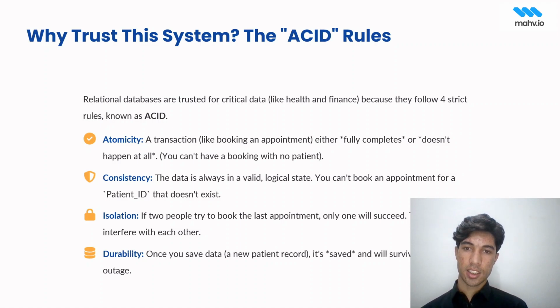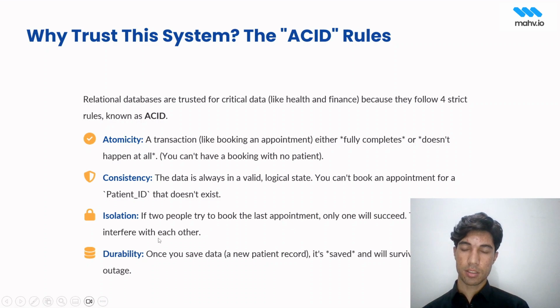Then there is data consistency. The data is always in a valid logical state. You can't book an appointment for a patient ID that does not exist. So data integrity is very important and prioritized a lot in database management. Then there is isolation. If two people try to book the last appointment, only one will succeed.